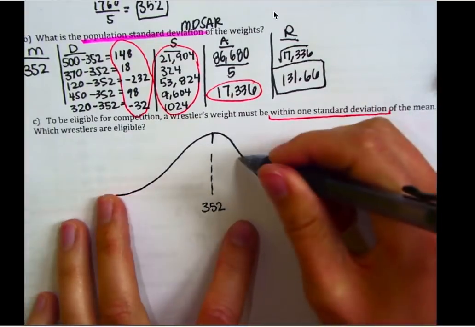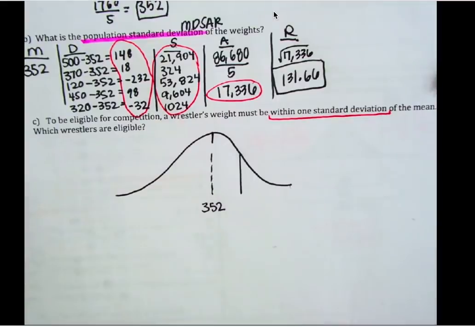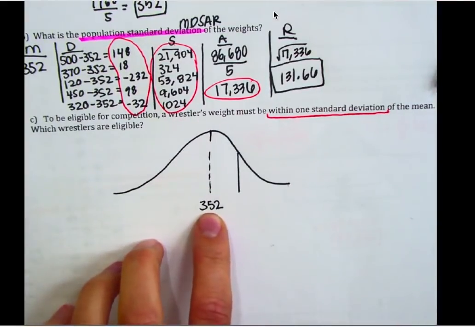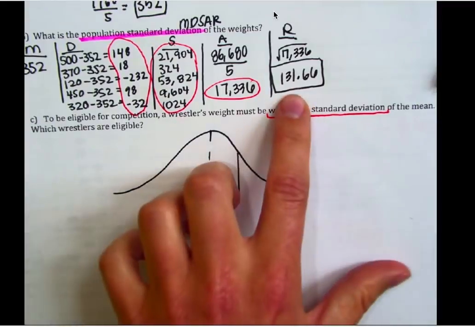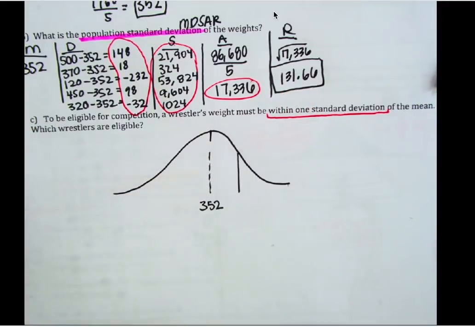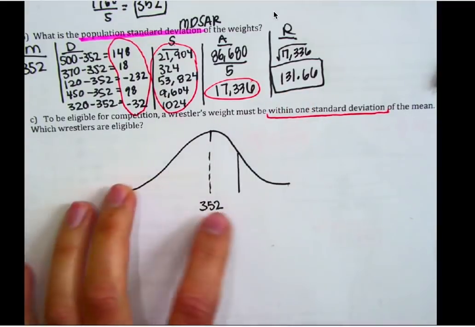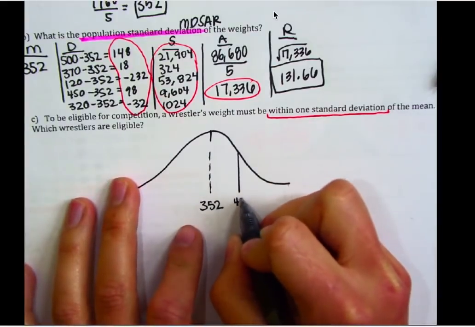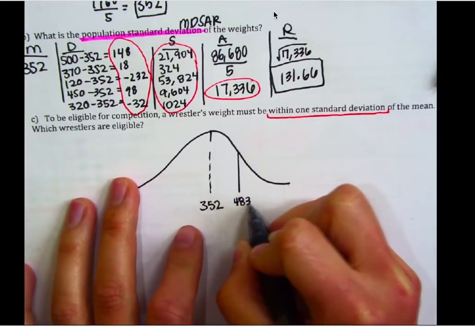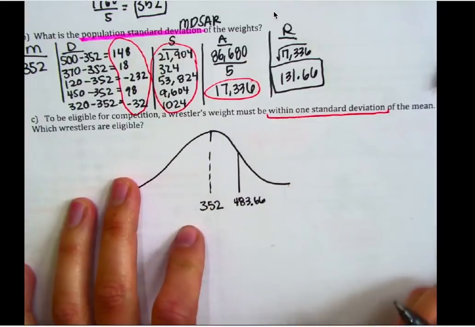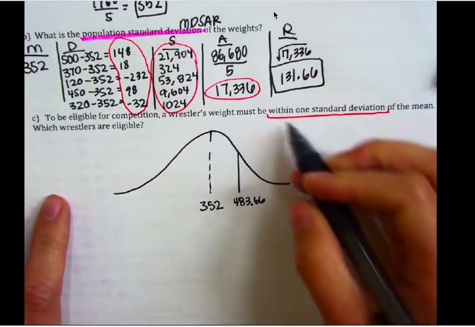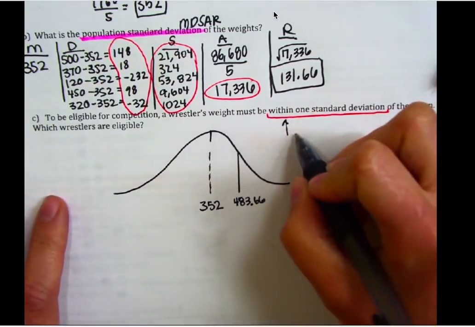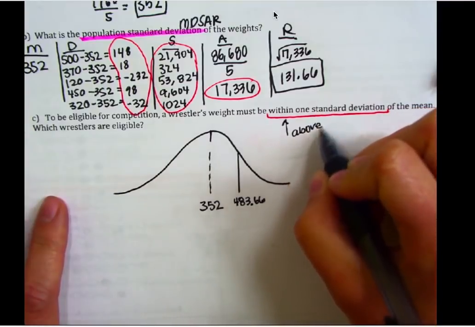We found our standard deviation to be 131.66. So if I was going to lay out these, 1 standard deviation above would be if I took 352 and I add my standard deviation, 131.66. So 1 standard deviation above would be 483.66 pounds. Okay, but they say within, so we need to know this means above and below the mean.